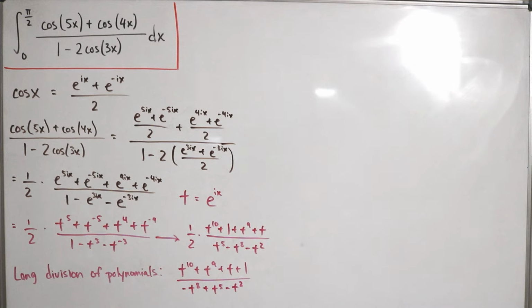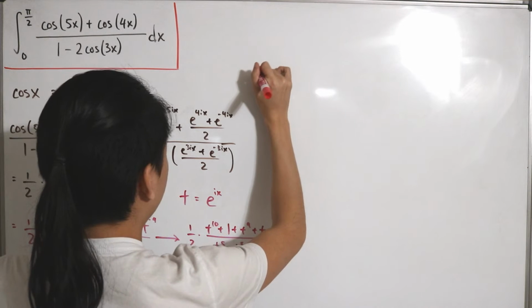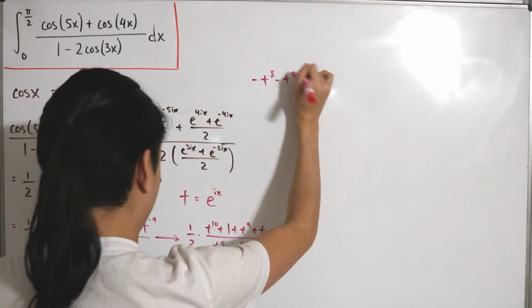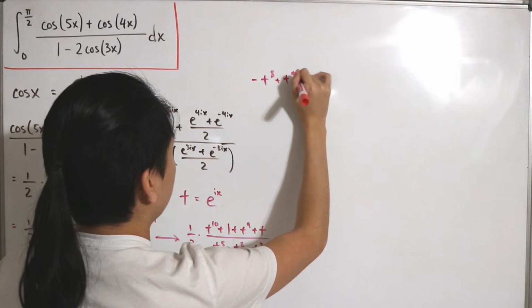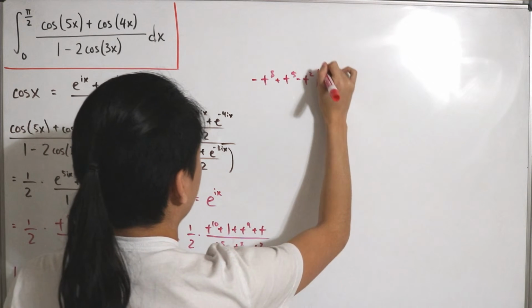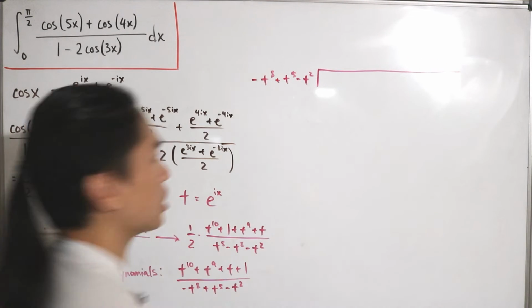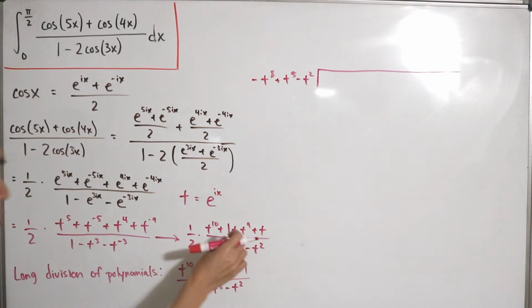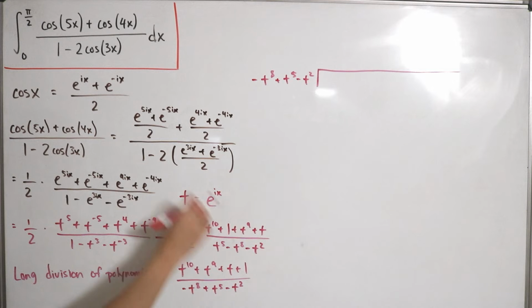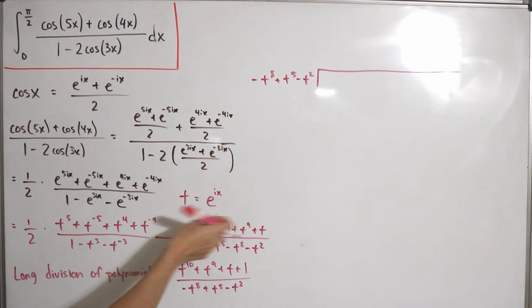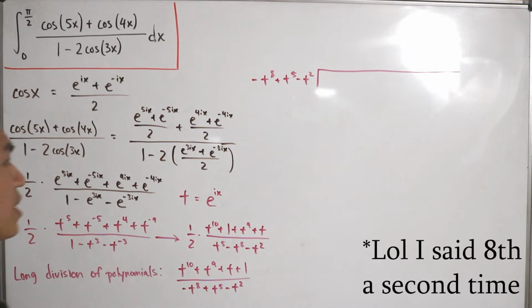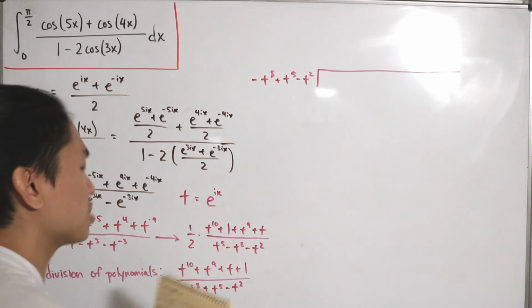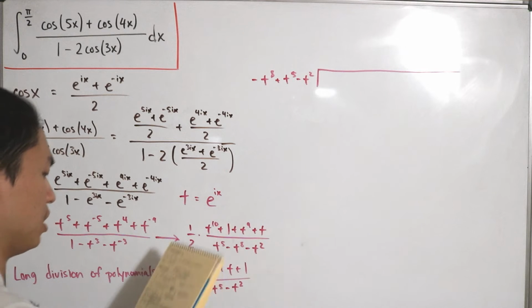Okay, now let's get to the long division. I have our divisor, negative t to the power 8, plus t to the power 5, then minus t squared, and everything is being divided by it. Because some terms don't exist for the other degrees, for example we don't have an 8th or a 7th, to make the long division easier I'm going to write out 0 times t to whatever power isn't included in the numerator.